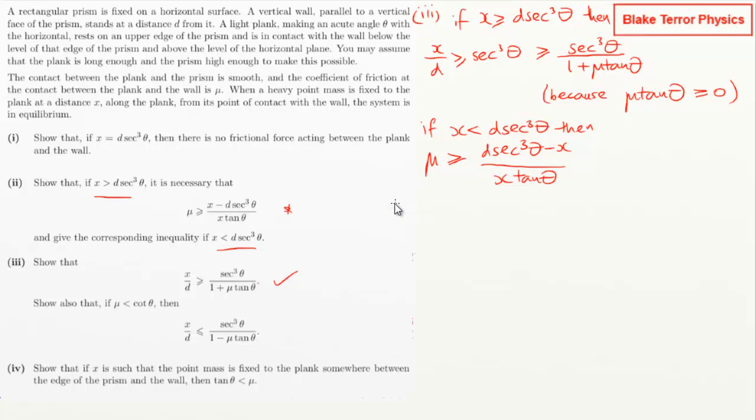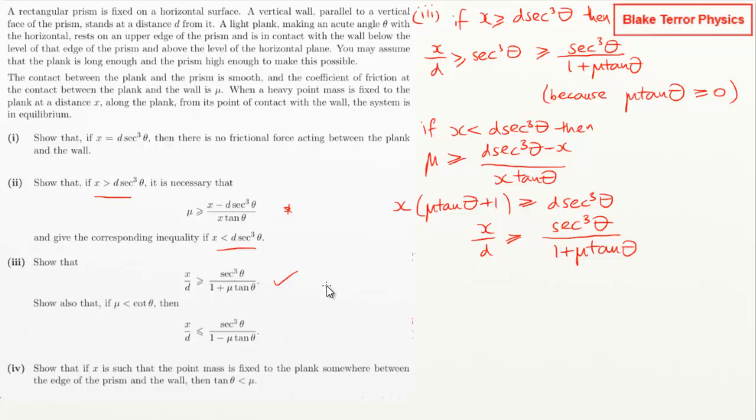So that's going to be x mu tan theta plus 1. I like the look of that. It's got to be greater than or equal to d sec cubed theta. So x over d is greater than or equal to sec cubed theta over, I'll change the order to make it look like what they've got in the answer. So that's come out as well.